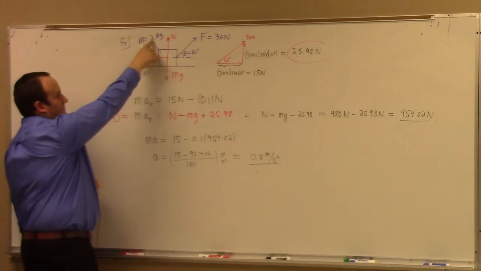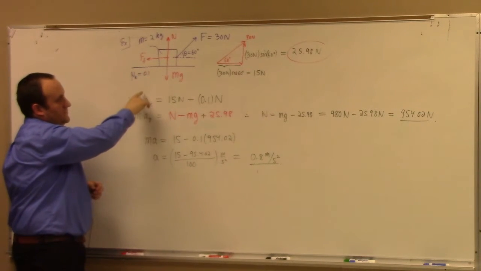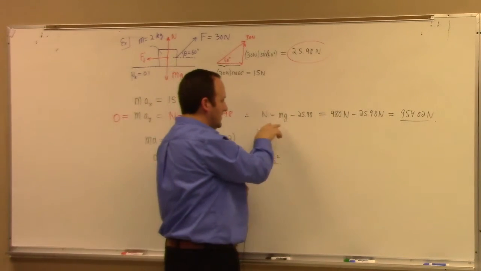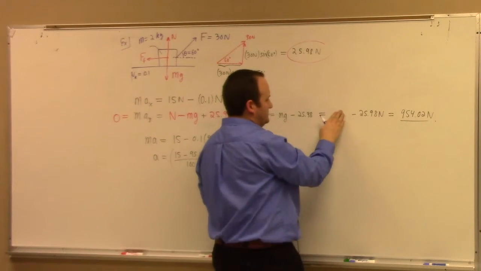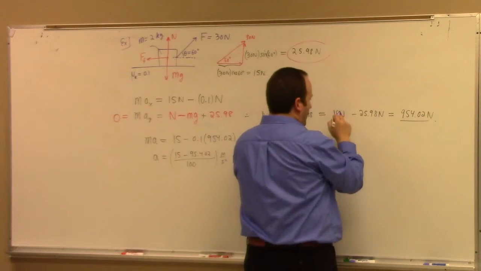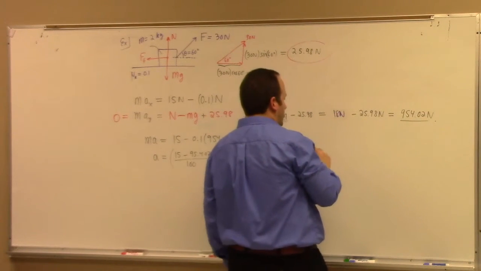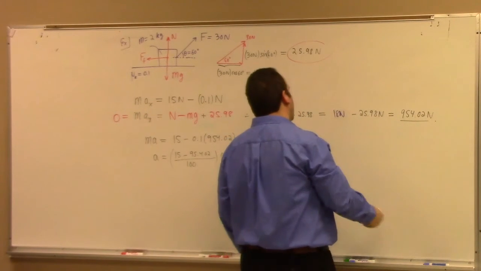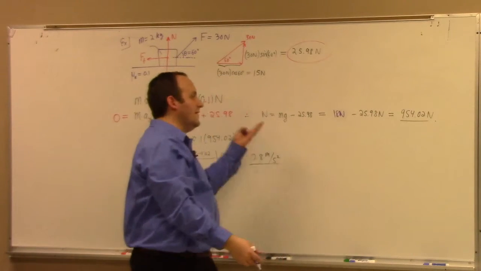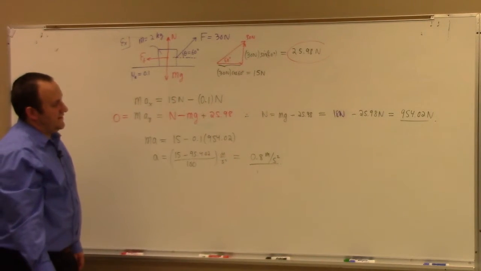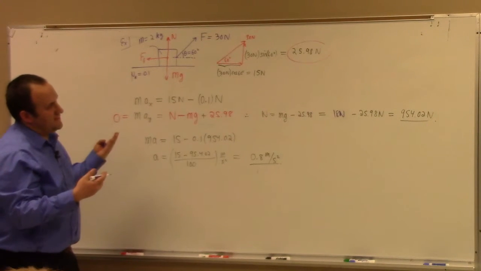If I changed that to a 2, mg is now what? 18 newtons. Yeah, 19.6. Oh, see, now I got too carried away in the other direction. Look, now it won't stay on the ground. I think. Now it's lifting up. That's too small.